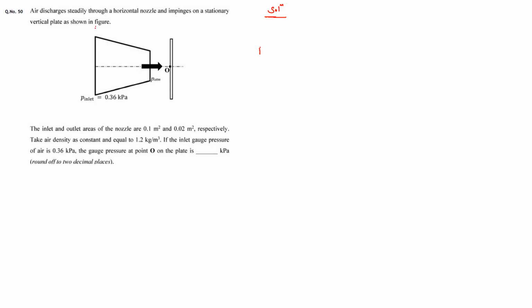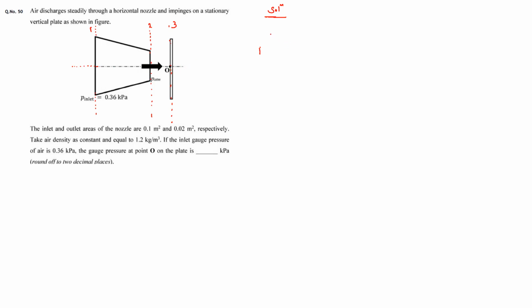So I'll just draw it here. Let's say that this is our point 1 and this is our point 2, and finally this is our point 3 which passes through O. All these three are at the same distance from the datum.